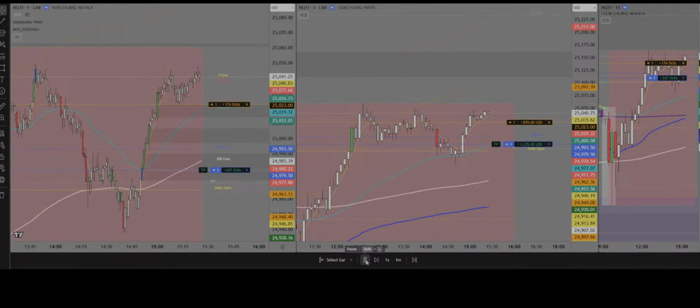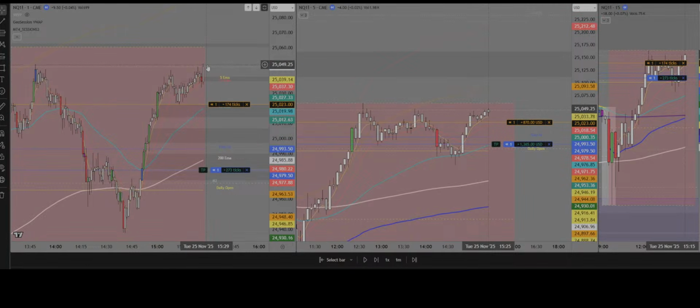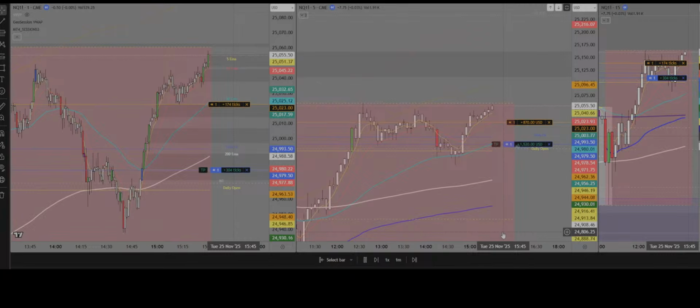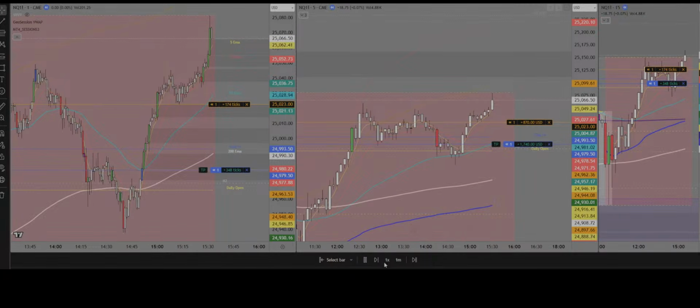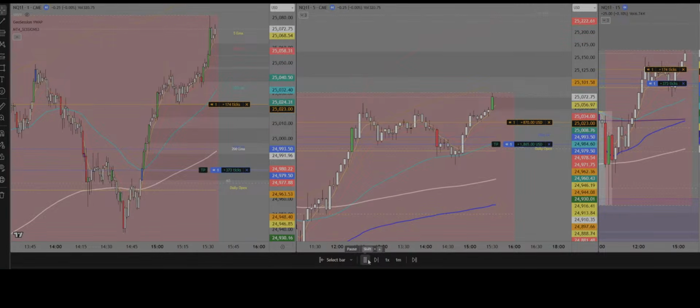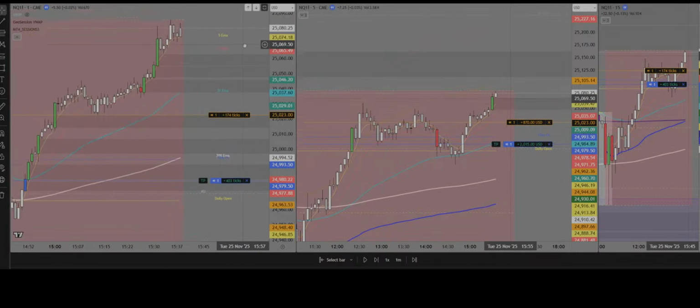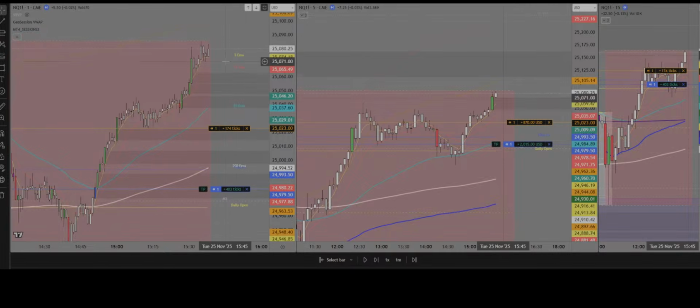Let's see if they can actually continue pushing up or not. I guess we'll see. The 5 and 13 EMAs on the 5-minute time frame are expanded, coming towards the end of the New York session. It's a lot of imbalances.